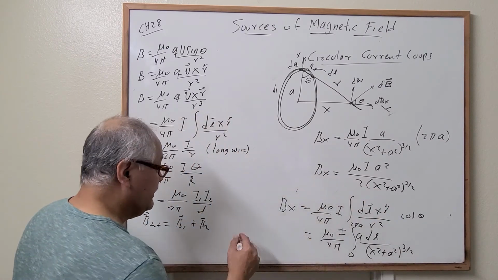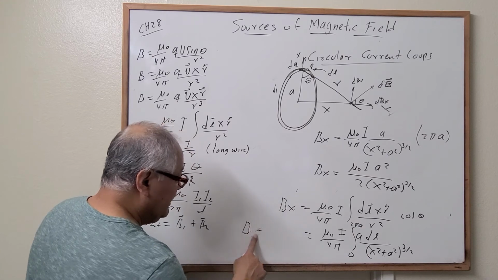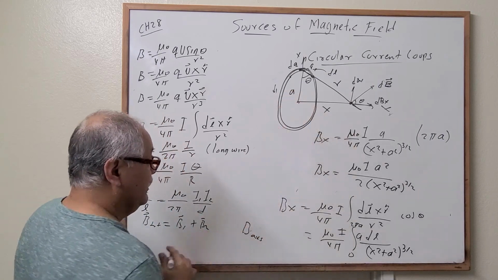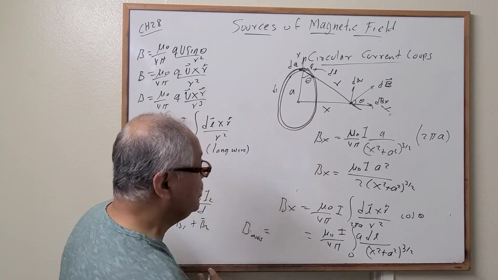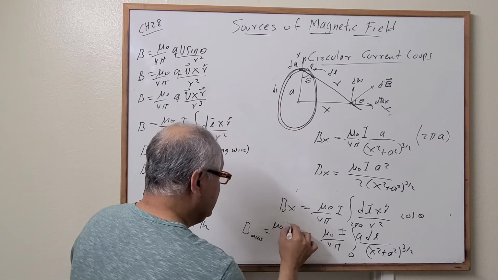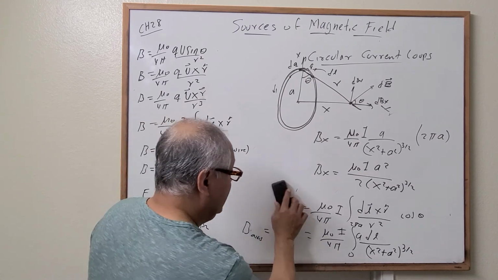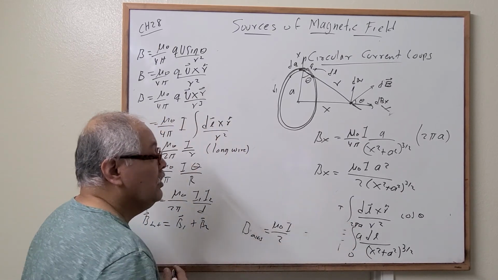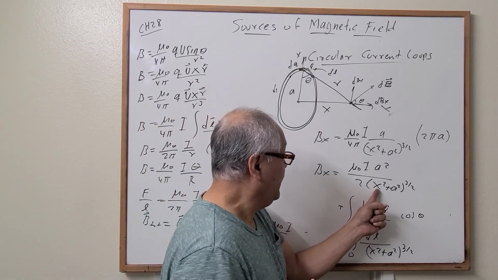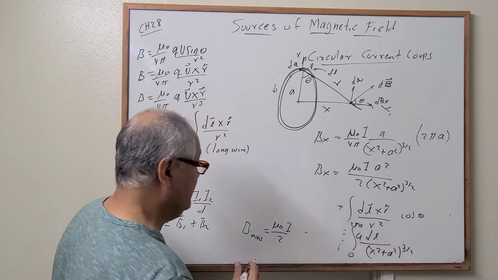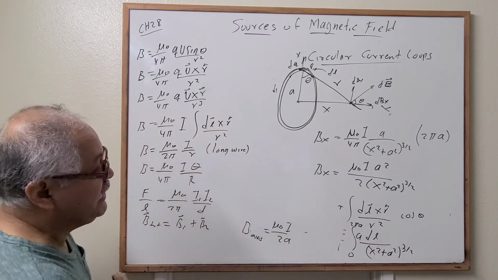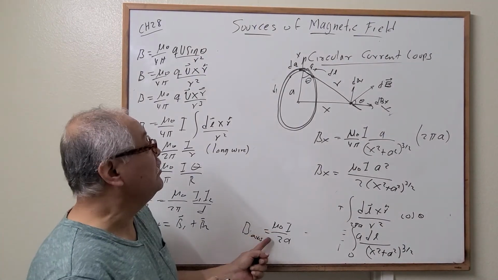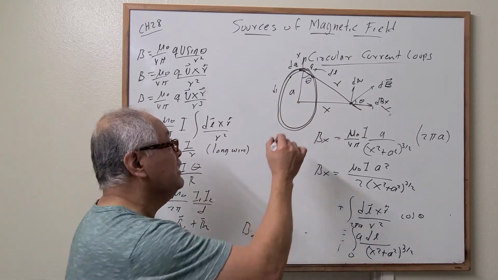In this case, B at the center, along this axis, is equal to mu naught times the current, divided by 2, and then the a squared over a cubed becomes a, so it's divided by 2a. And this is the formula for the magnetic field at the center at this point.